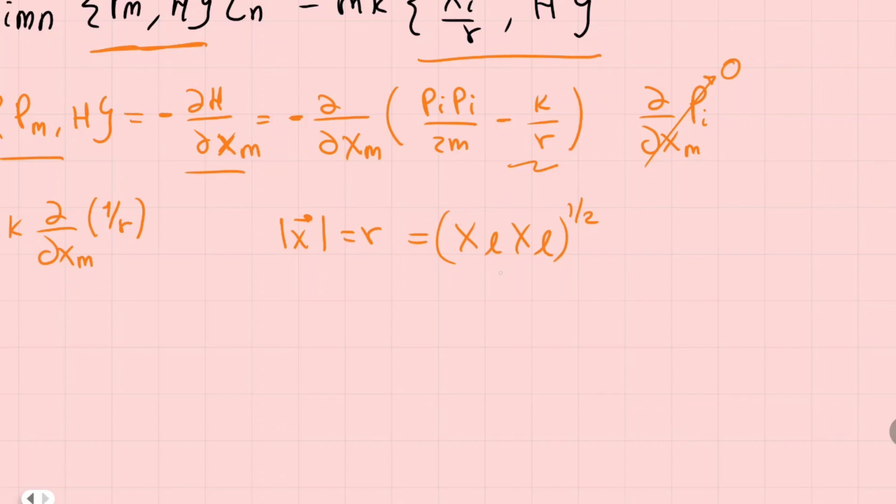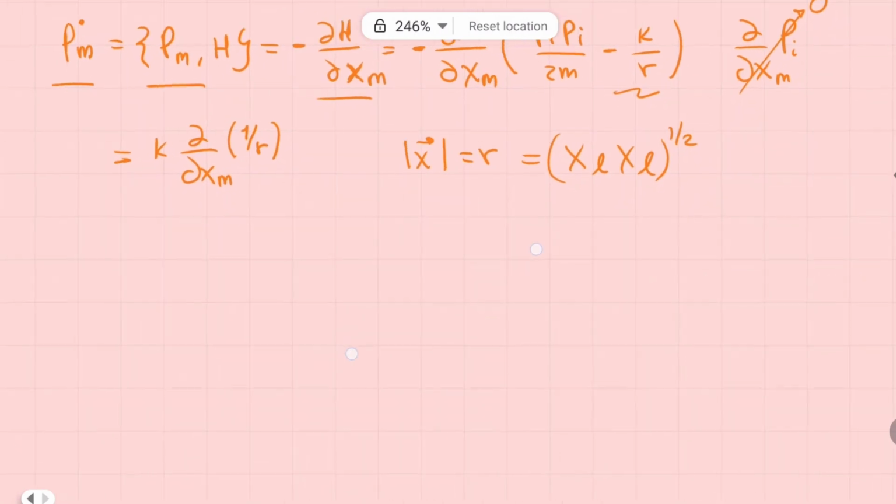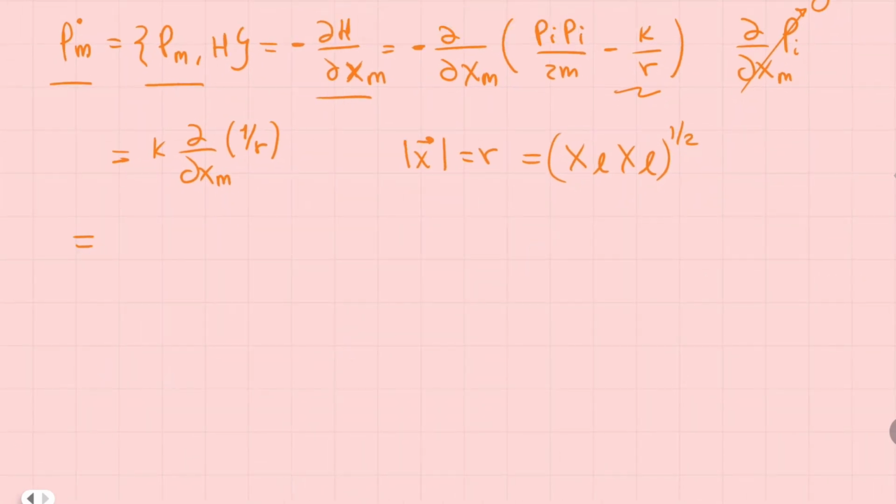So the magnitude of r is equal to this, but in the index notation that will be more useful in this case. So here we are going to have that this is k times the partial derivative with respect to xm of 1 over r, but 1 over r will be this quantity raised to the negative 1/2.